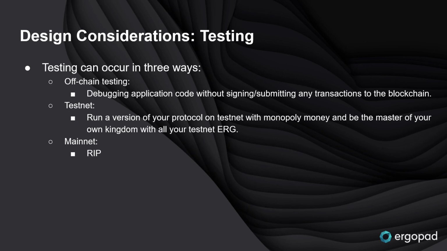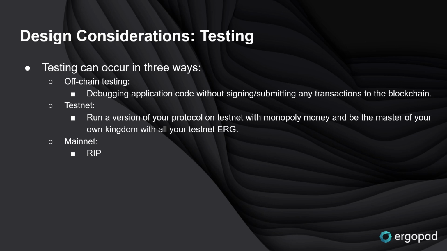Finally, we also have testing. When you're developing on Ergo, there's usually 3 main ways to test. You can do off-chain testing, so debugging your code without signing or submitting any transactions to the blockchain. You're running all of your logic up until the point that you need to sign. You can stop there and then test if anything fails.